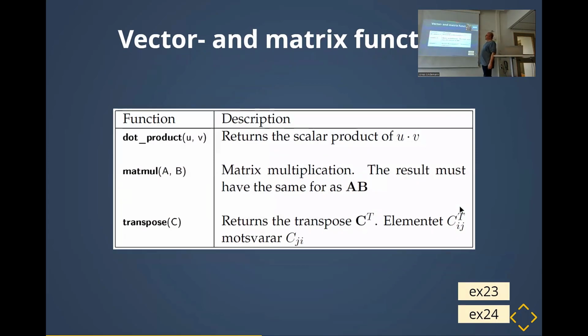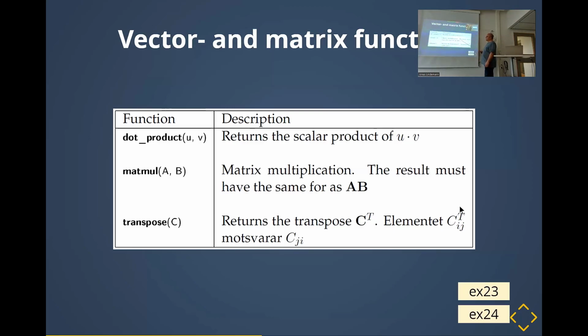There are some vector and matrix functions that work on arrays. You have dot product, which returns the scalar product of the two vectors. You have matmul, which is matrix multiplication. The normal multiplication operator in Fortran is element-wise multiplication, similar to what you have in NumPy. But matmul is matrix multiplication built into Fortran.